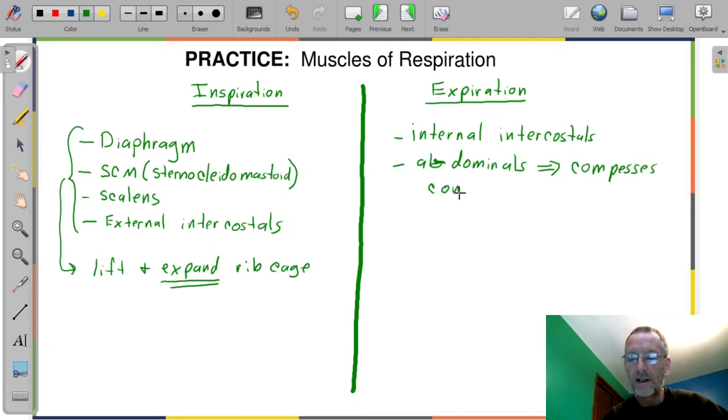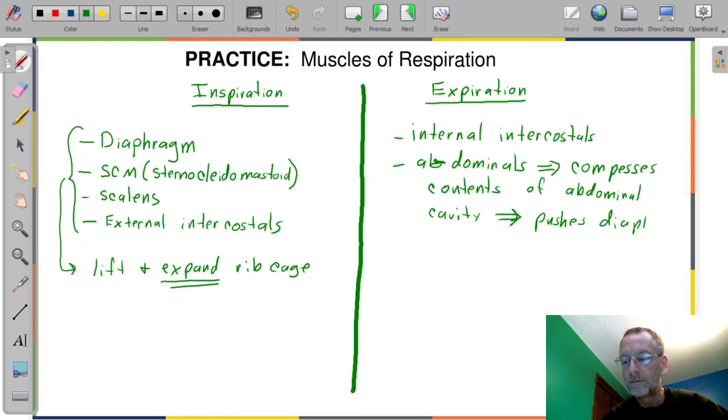So compresses contents of the abdominal cavity, which pushes up on the diaphragm. And that forces the air out.